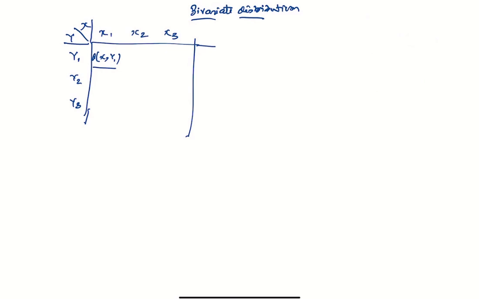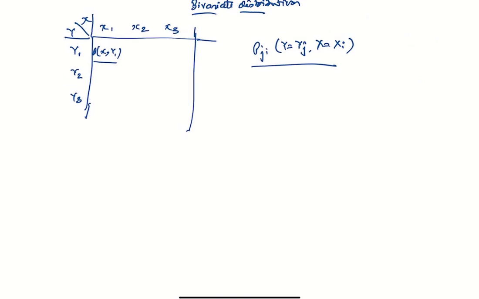So the probability that y is equal to yj and x is equal to xi would be the joint probability distribution. But then there is something called the marginal probability distribution. The marginal probability of x would be the value of x for all the values of y.